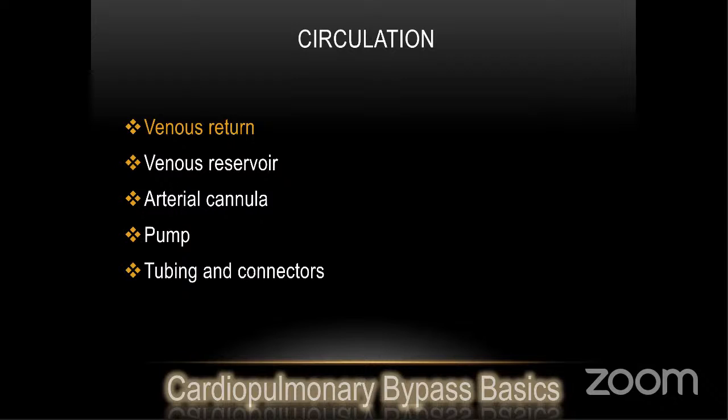The components of circulation through a cardiopulmonary bypass machine are venous return, venous reservoir, arterial cannula or arterial line, and pump plus tubing and connectors in between.